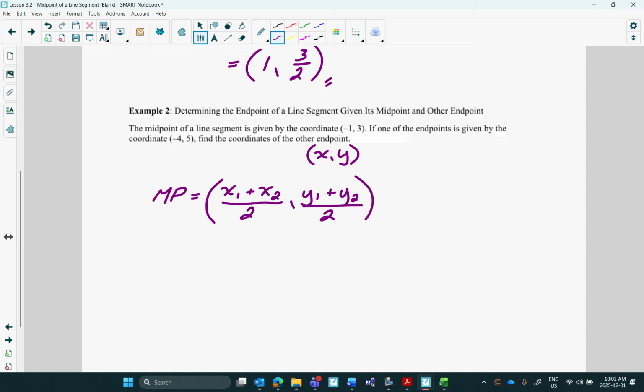Well, what do we know here? We know the midpoint is -1, 3. We know one of the endpoints is -1, 3, but we don't know the other endpoint. So we call it x, y. So -1 plus some number divided by 2 is going to have to give me this.